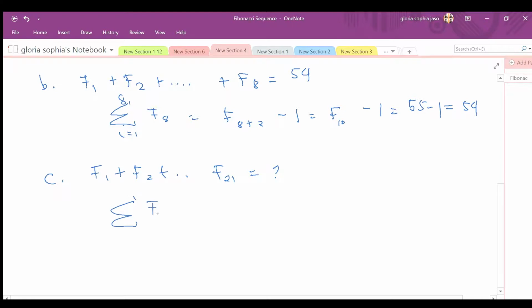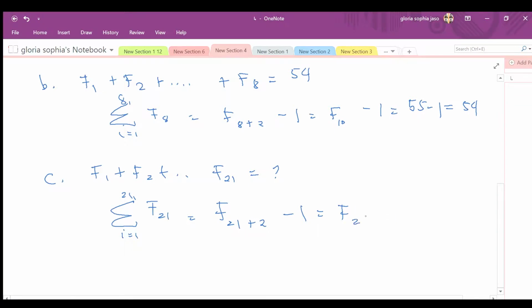So f sub 21 plus 2 minus 1. So let's simplify it.